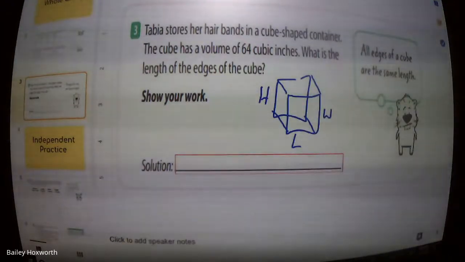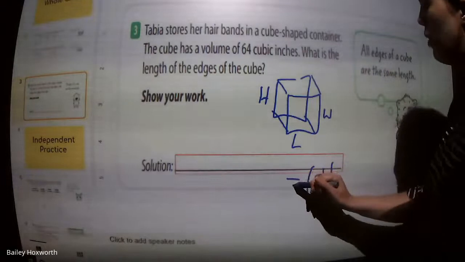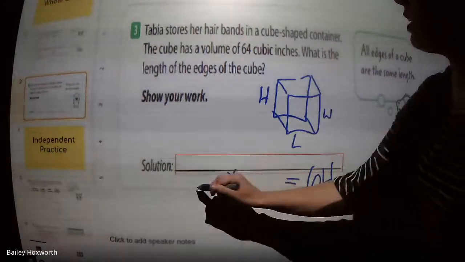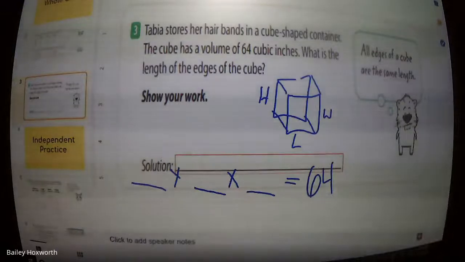So let's figure out 64. I got to end up making 64 as my volume when I multiply 3 of the same numbers together. So let's see. If I did 2 times 2 times 2, that would only be 8. So I'm going to go higher than 2.